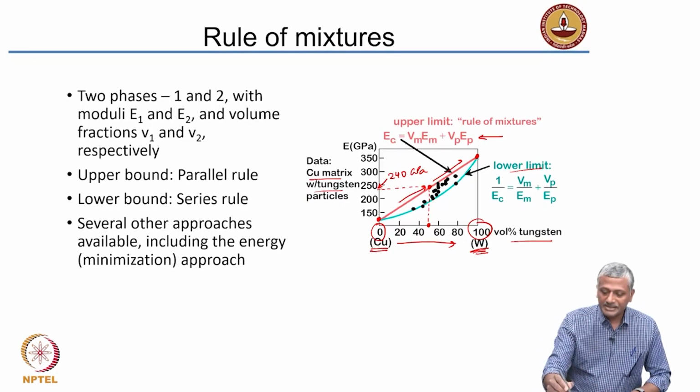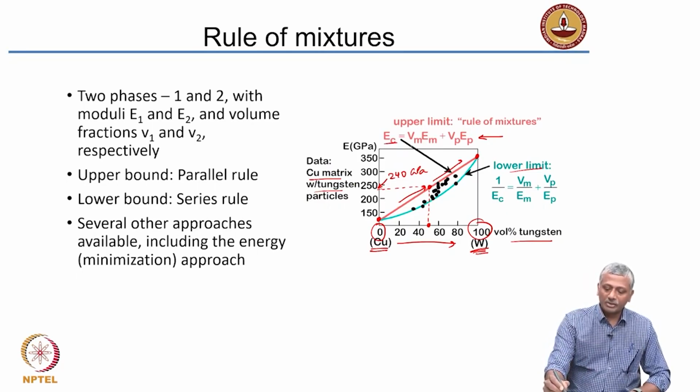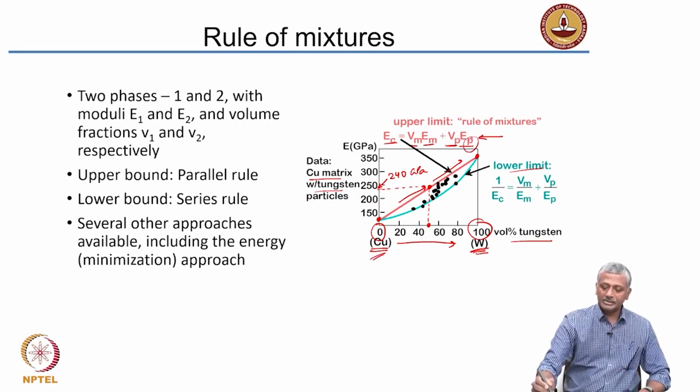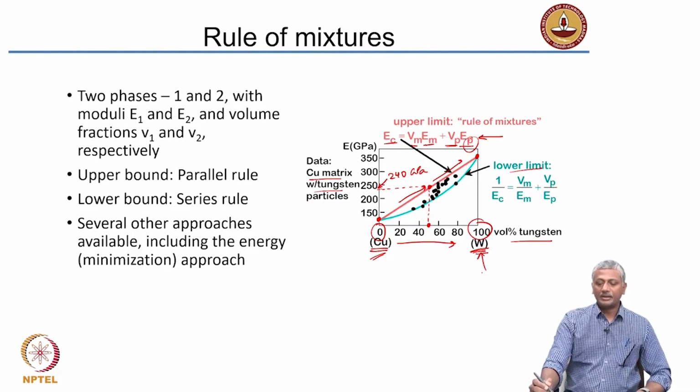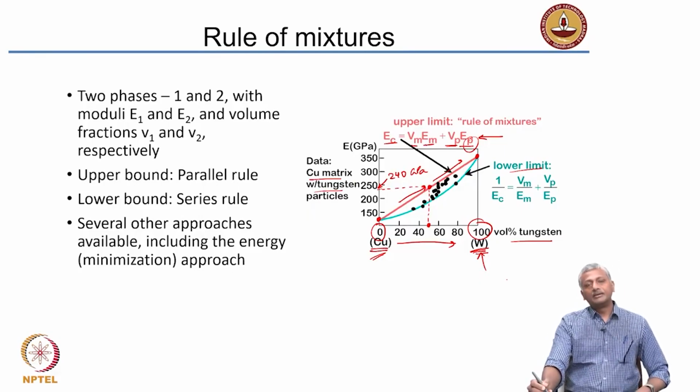So, EC, the modulus of elasticity of the composite, is equal to the volume fraction of the matrix times the modulus of elasticity of the matrix plus the volume fraction of the particulate ingredient times the modulus of the particulate ingredient. Here of course, the matrix is copper and the particles are that of tungsten. Okay. So, you just substitute that and you will get your upper limit as far as the rule of mixtures goes.